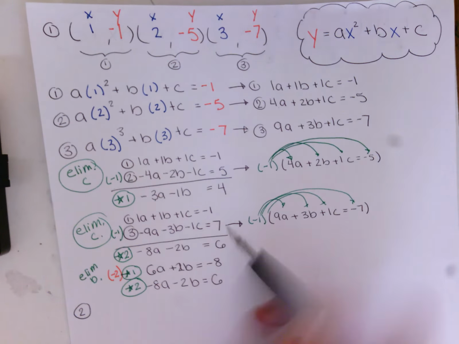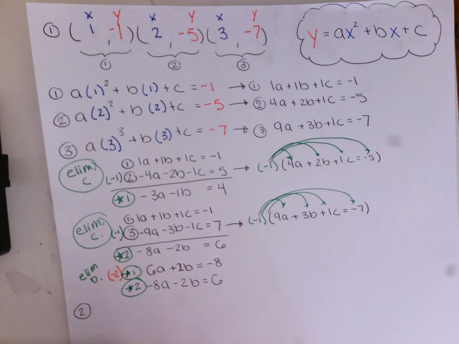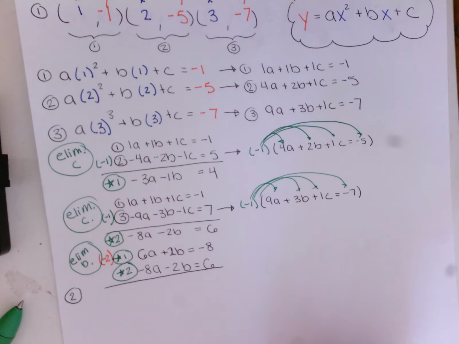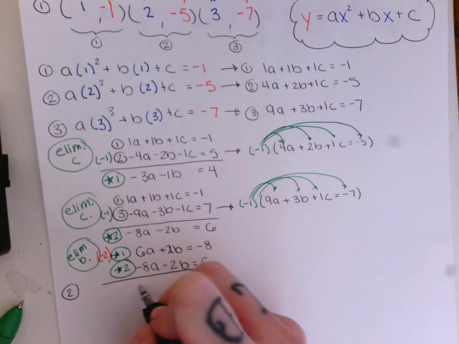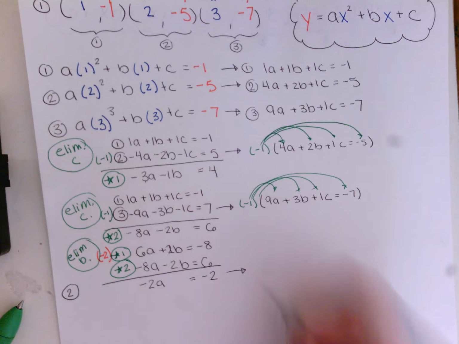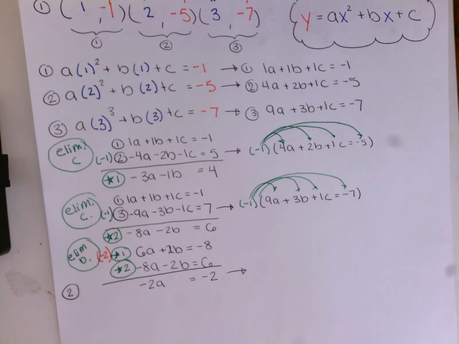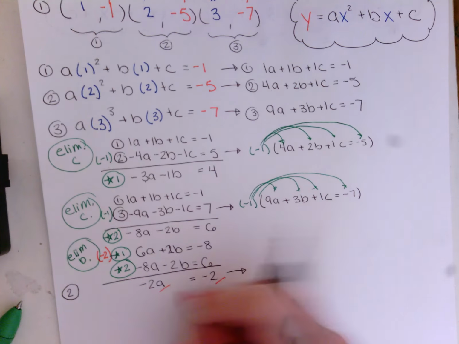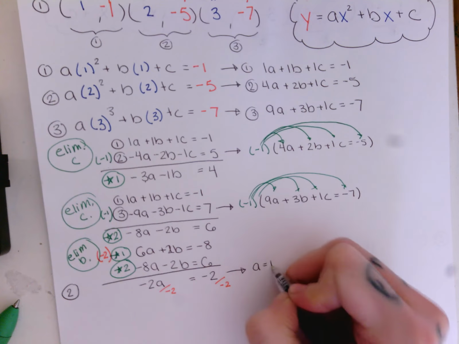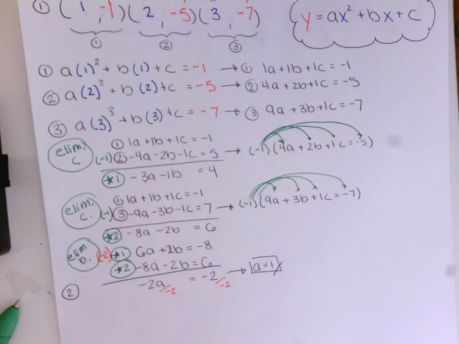And now I knew I made a mistake because my whole intention was to eliminate b right here. So I want these to cancel. So I'm going to add these together. I have minus 2a. The b's cancel, negative 2. So I'm going to solve for a. Anything divided by itself. So I know my a is 1. Now I'm going to use one of these star equations and I'm going to solve for b.